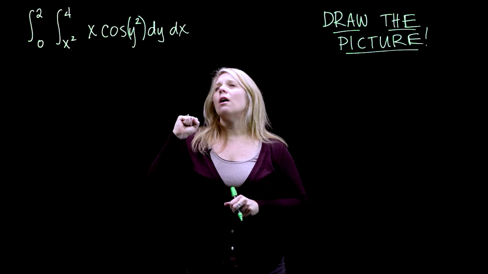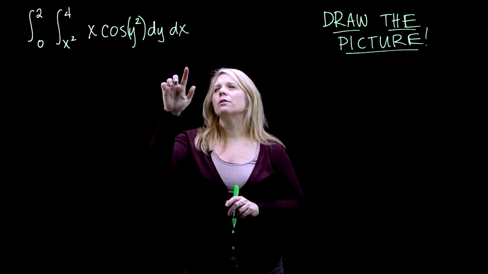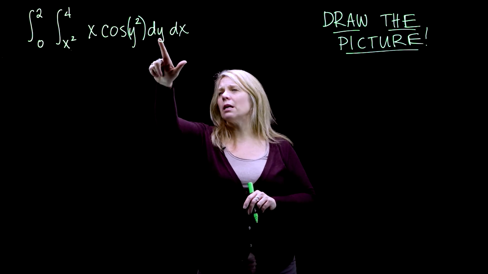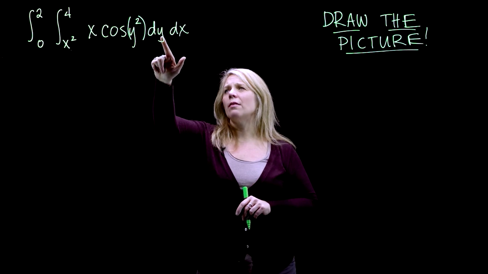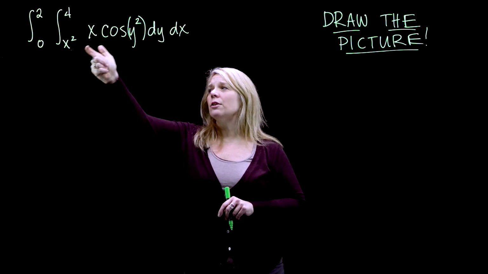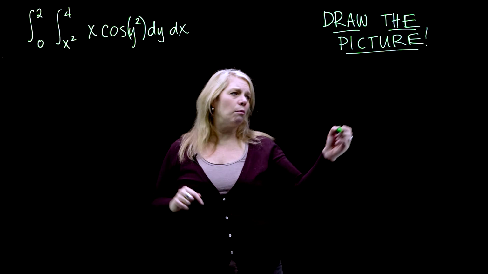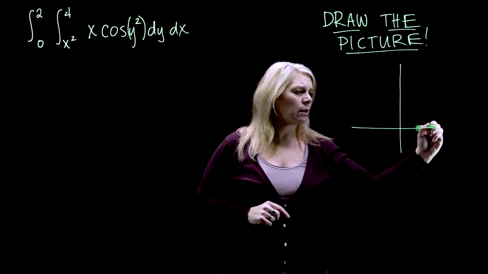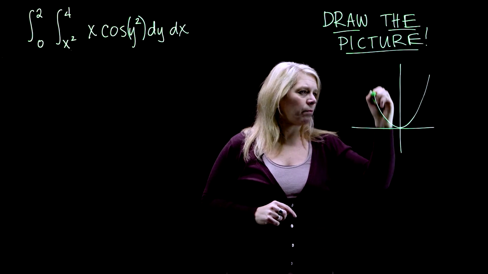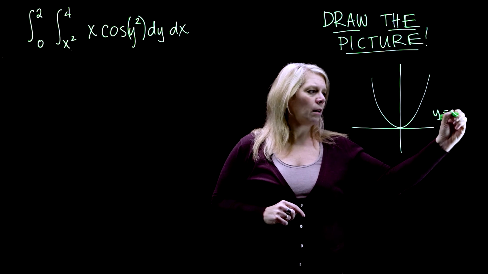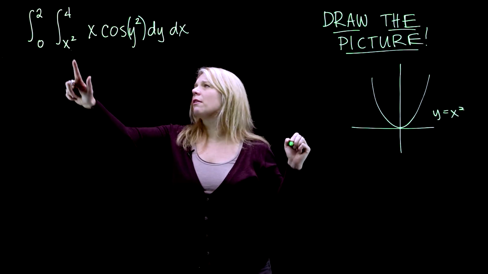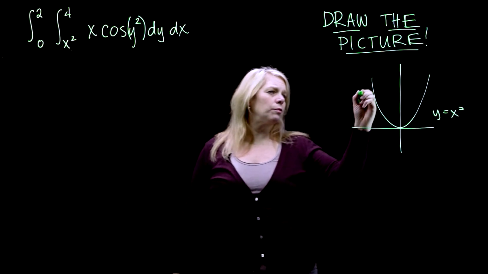All right, so I need to think about this region, so I'm going to pay attention to what this integral is telling me. It's telling me that on the inner integral, we enter the region at y equals x squared, and we leave the region at y equals 4.